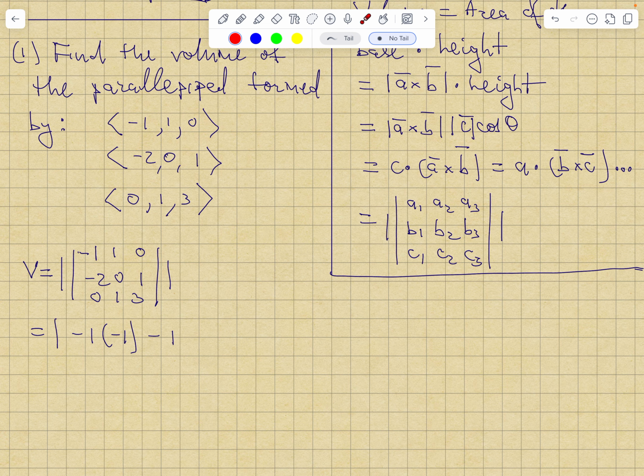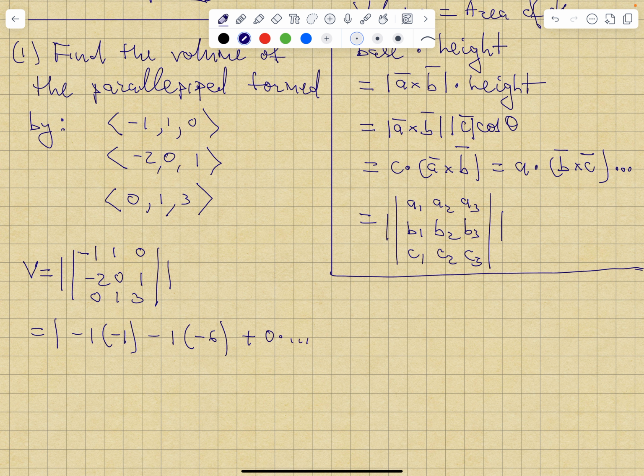And then times, you cross out the second column and the first row, and you have the determinant of -2, 3 on one diagonal, 0, 1 on another diagonal. So this should be -6 for my second term. And the third term is 0 times something.